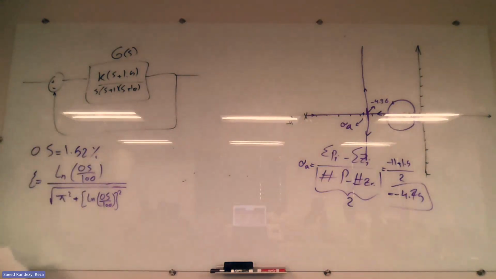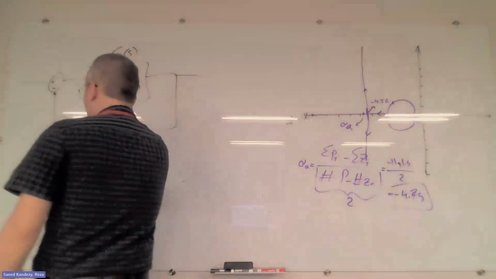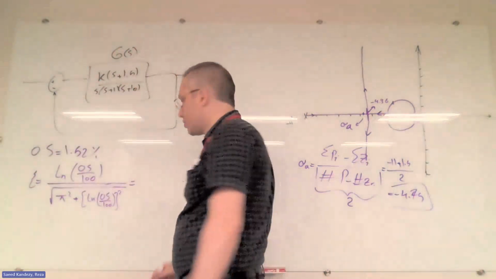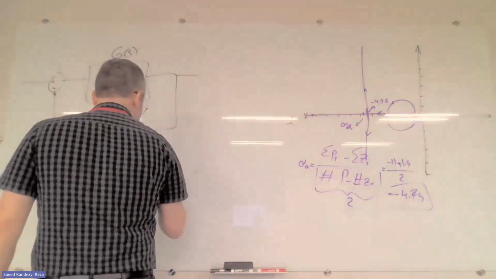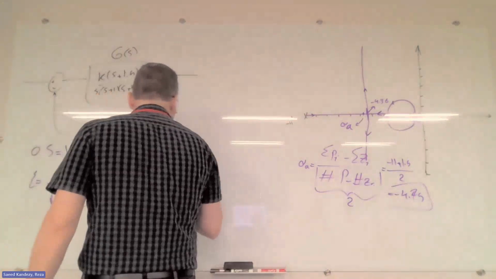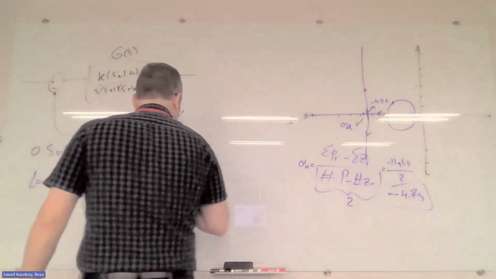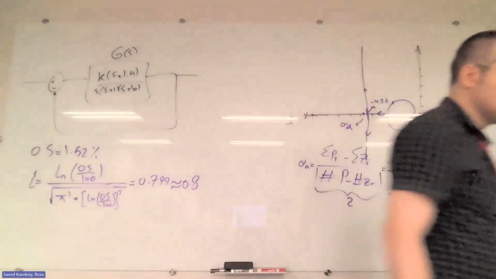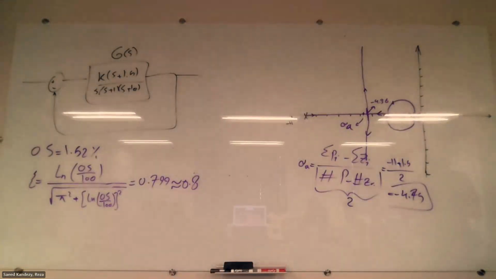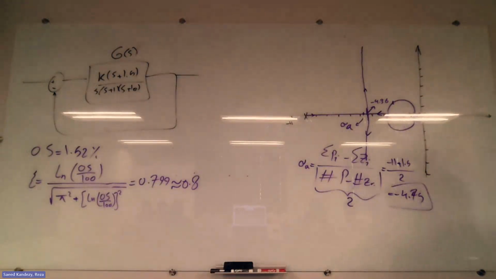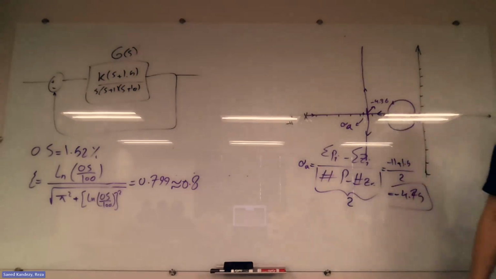If you put the numbers in, you will find that my psi for this targeted overshoot is going to be 0.799, which I can approximate as 0.8. Now, we said we can show the psi using a line in our root locus, right?